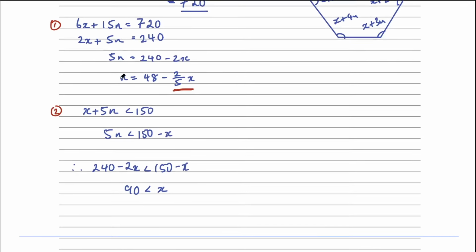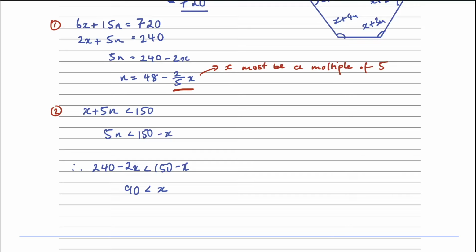Therefore, in order for n to be an integer, x in this equation must be a multiple of 5, because it needs to divide by 5 evenly.